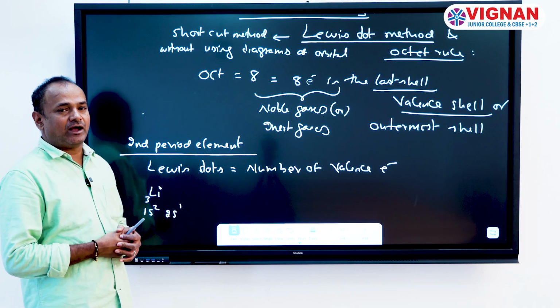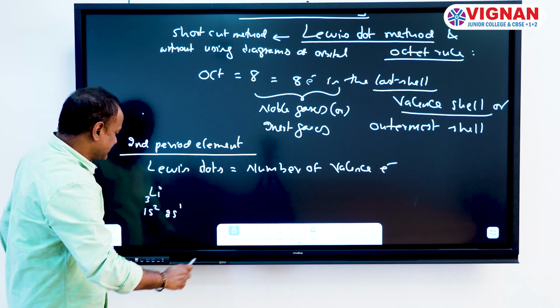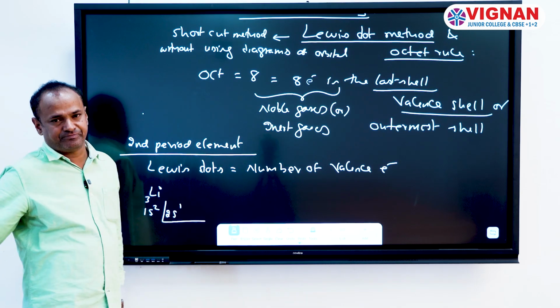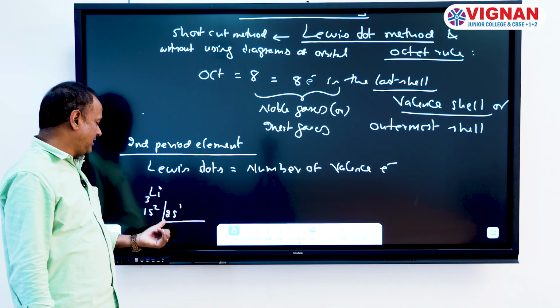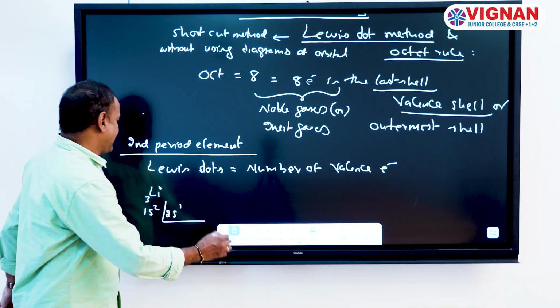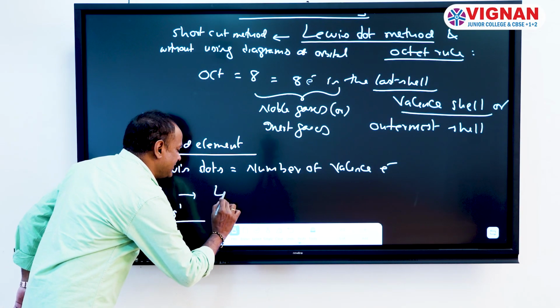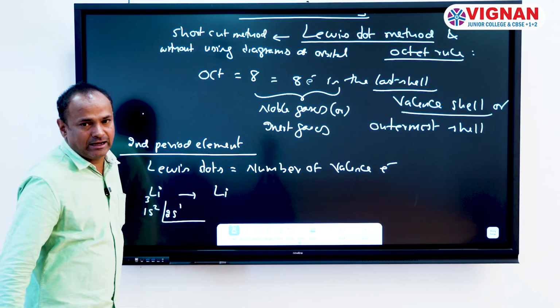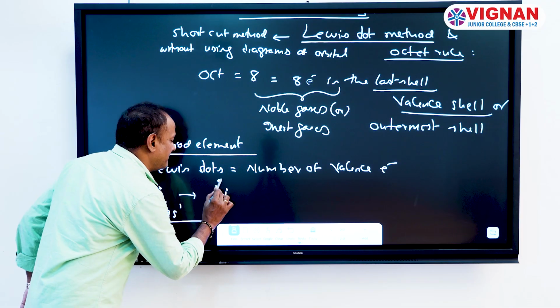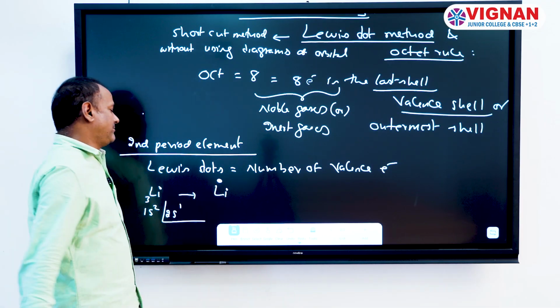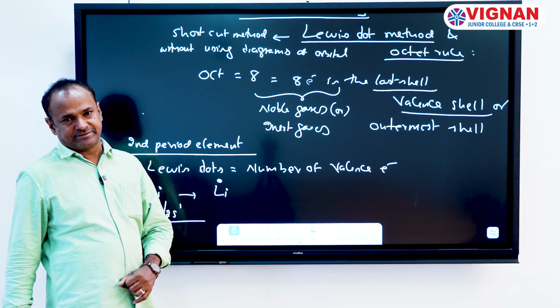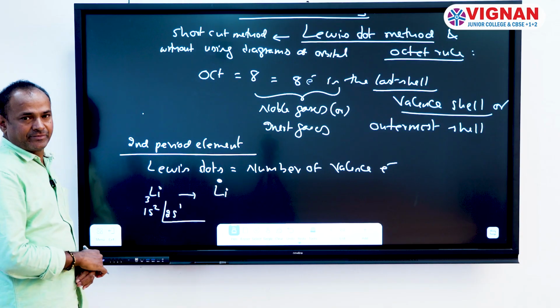Then what is the last shell here? 2s1 is the last, the outermost one. How many electrons? A single electron. So in the Lewis dot method, write the lithium symbol Li and put one dot. The number of dots equals the number of valence electrons, which means one valence electron for lithium.